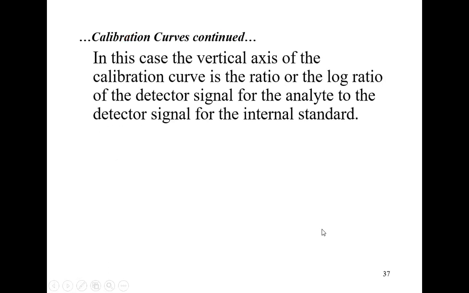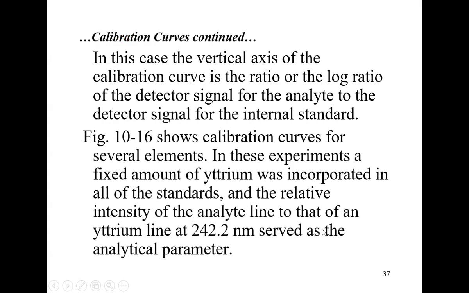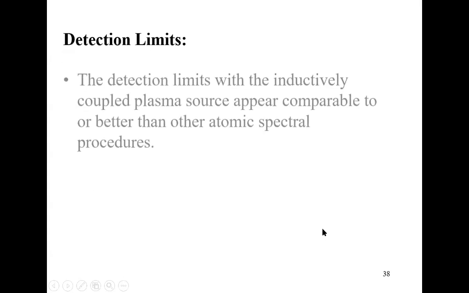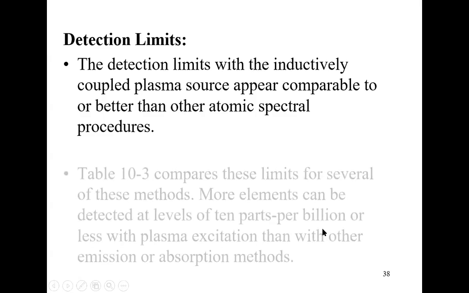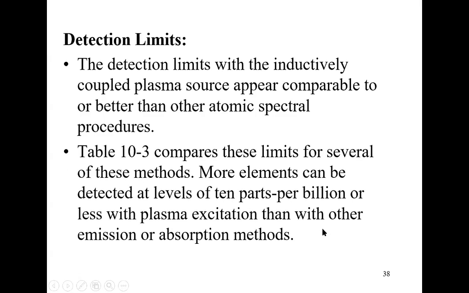All right, so we have said you prepare calibration curves, and then detection limits. Let's talk about detection limits here. I've given you a handout, right? You can see that handout. Let's compare. I want to share this for those of us who are online to see.